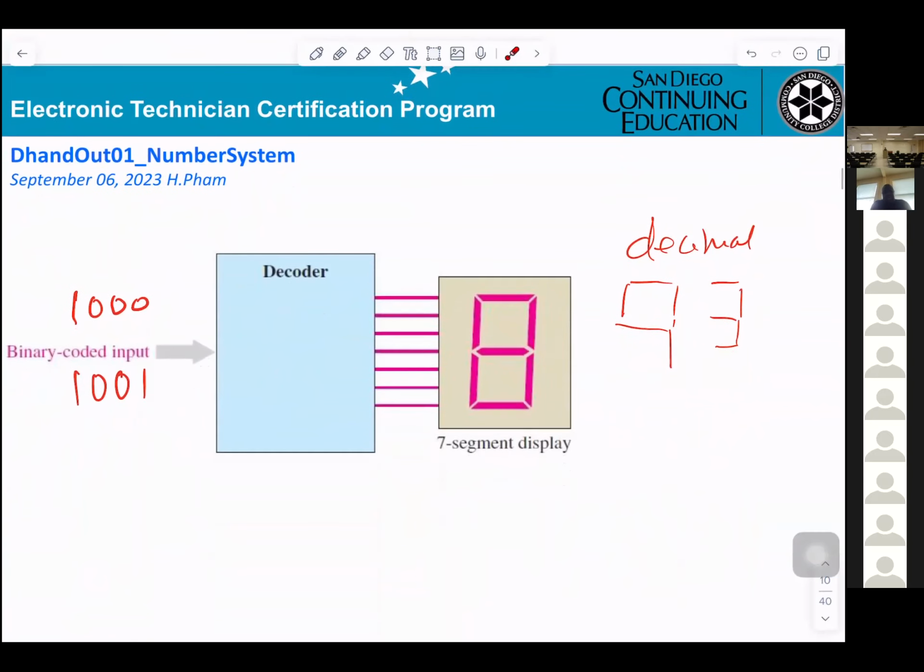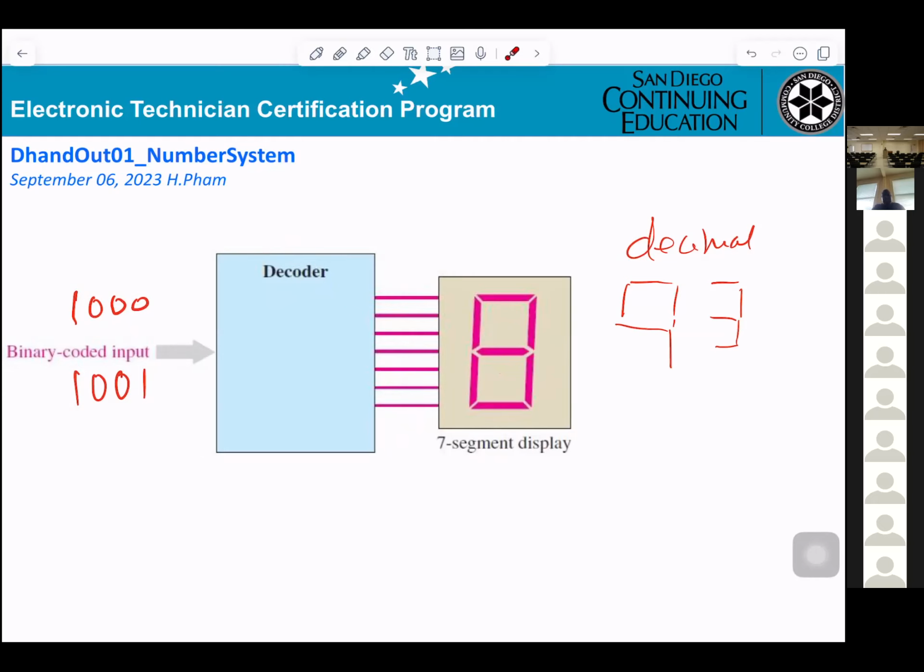And now, the opposite: the decoder. The computer will be sending out just binary. However, the human cannot understand this number. So they get a circuit called a decoder. The decoder converts binary to the output segments, which go to the 7-segment display, and they will display it for you.